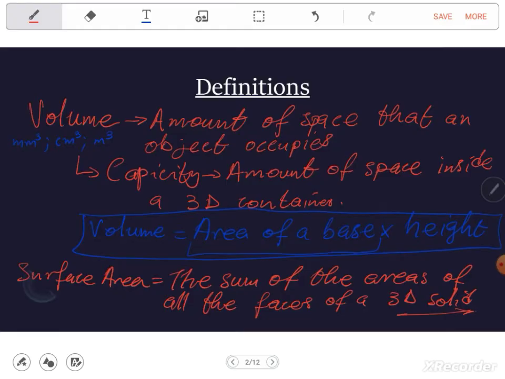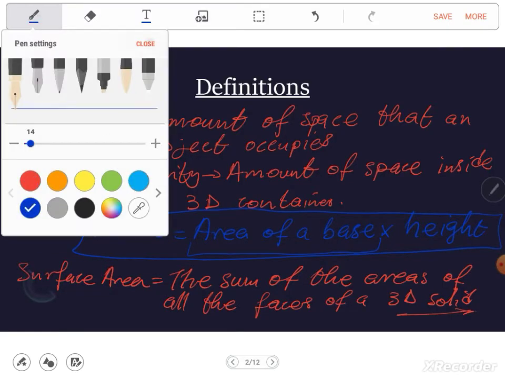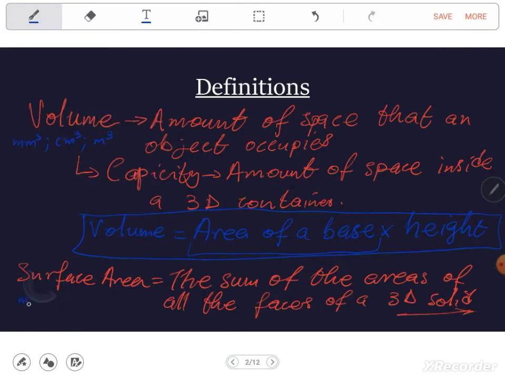Sometimes it's called the total surface area. And for surface area, just like in area, we use millimeters squared, centimeters squared or meters squared. So that's what we use as the units of measurement of volume and surface area.